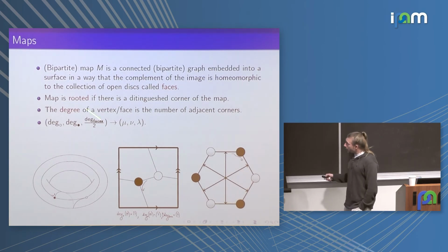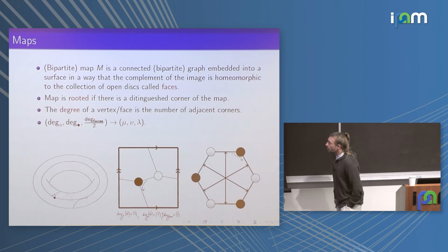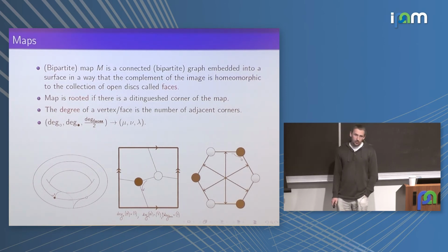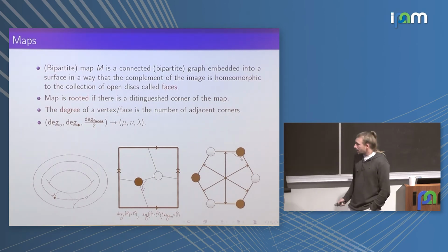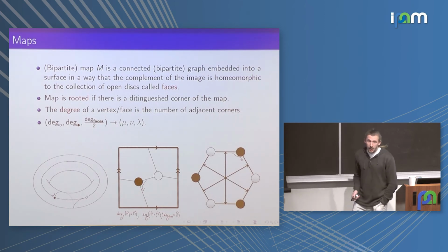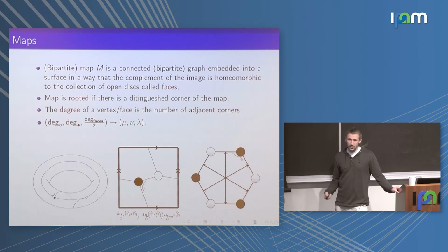And there is one important concept: I'm going to work with rooted maps. Rooted maps means that I'm distinguishing a corner in my map. Here on these three pictures, I'm indicating it by a red arrow. This concept is important in enumeration of maps because it's much easier to enumerate rooted maps since they don't have symmetry anymore.